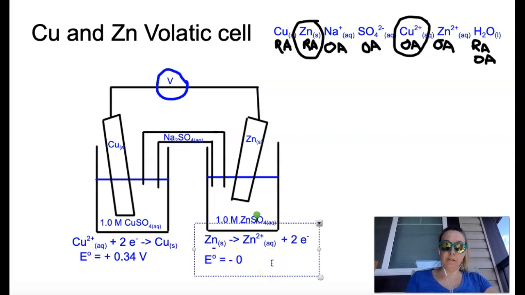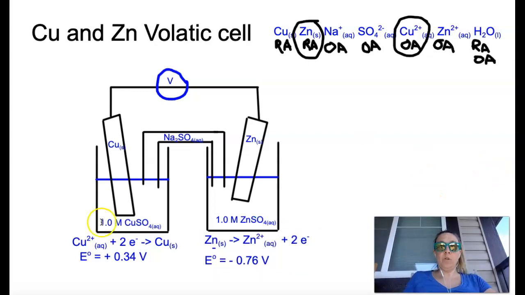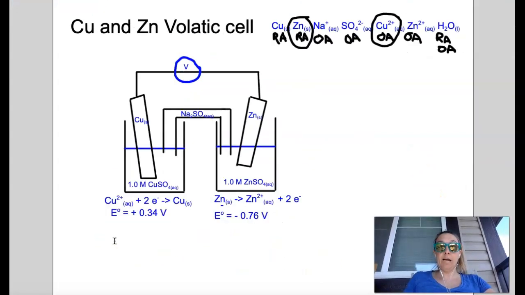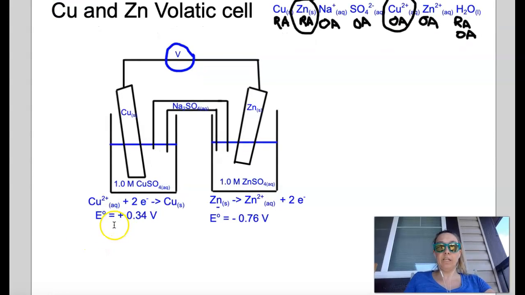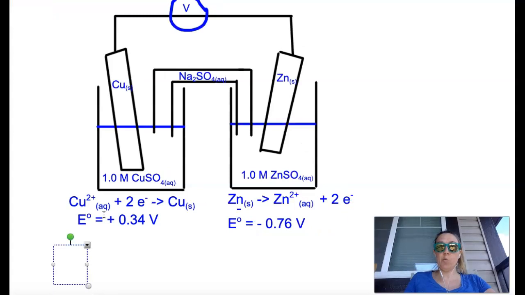So we said negative 0.76 volts, okay? Okay, so we've now identified what half reaction is happening inside of each of our containers. We also know what the E0 is for each one. So next thing we need to do is identify which beaker has oxidation happening and which one has reduction happening.